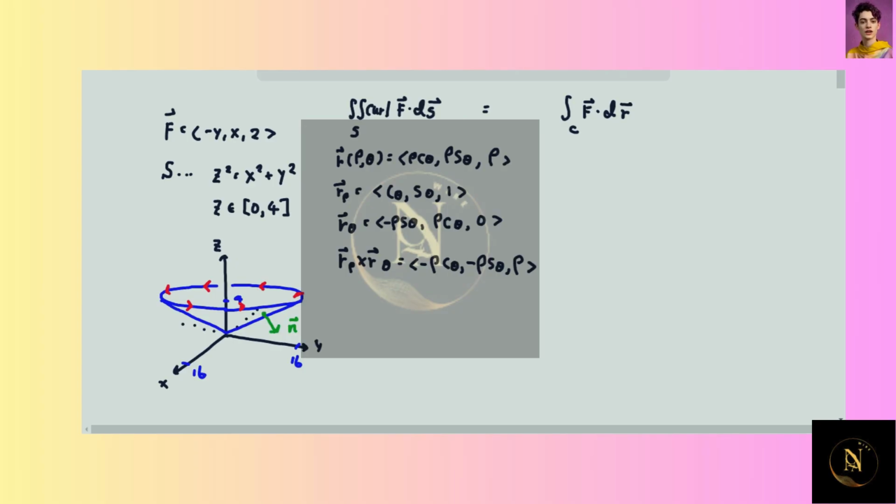Okay, now we want to represent the curl with respect to rho and theta. Now, before we do that, the curl of F is simply going to be 0, 0, 2.